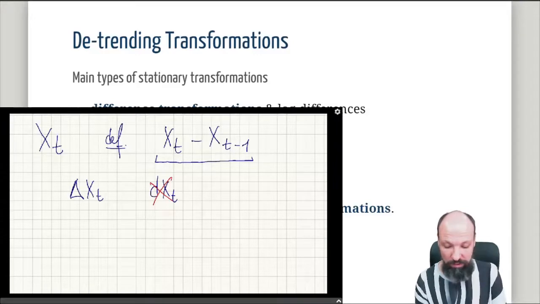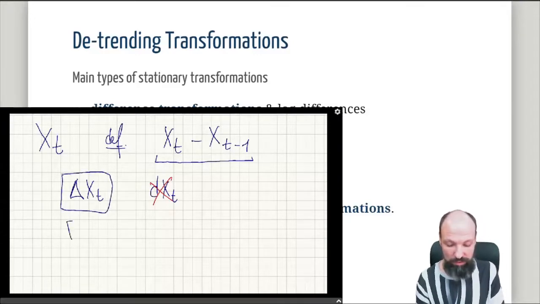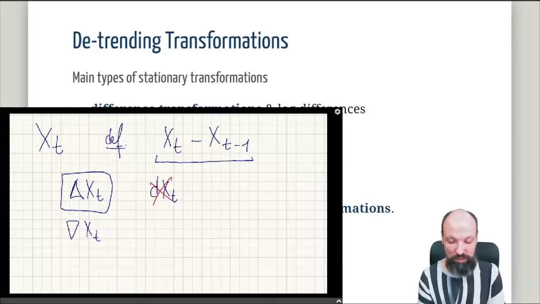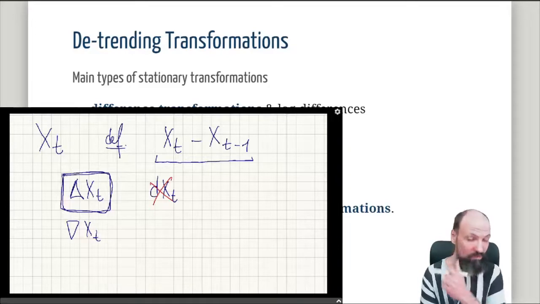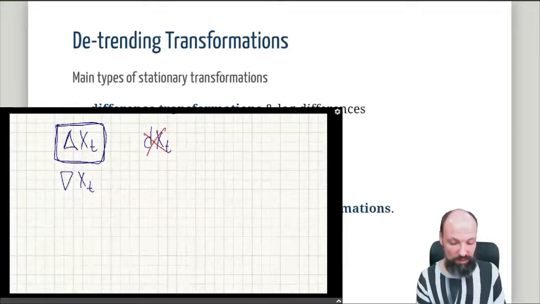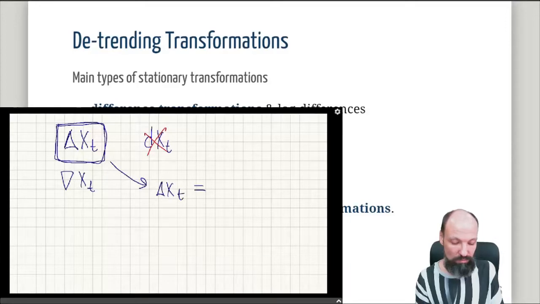So this is the preferred notation for it. Sometimes you will see also equivalent notation like this with another symbol. Well, that depends on the textbook, but in most textbooks and papers you will see this. So delta, that capital delta stands for the differencing operator. That means that we are taking the first difference of it. That's just the definition.